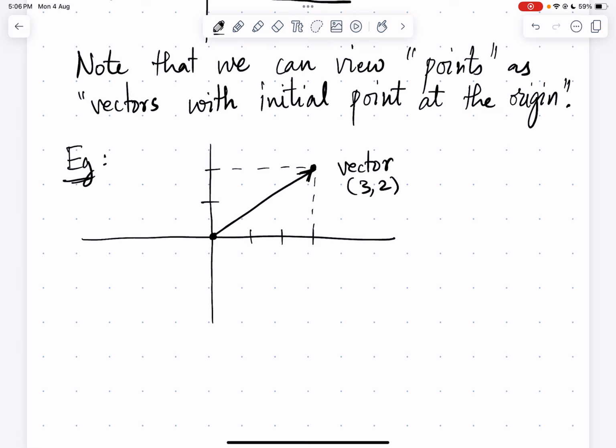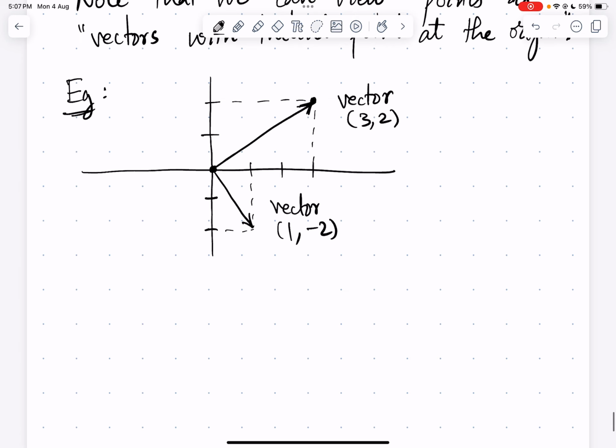So this vector is 3 comma 2 and this vector is 1 comma minus 2 and so on. Points can be viewed as vectors in this way. Another example would be this vector, minus 1 comma 1, and so on. So points can be viewed as vectors.